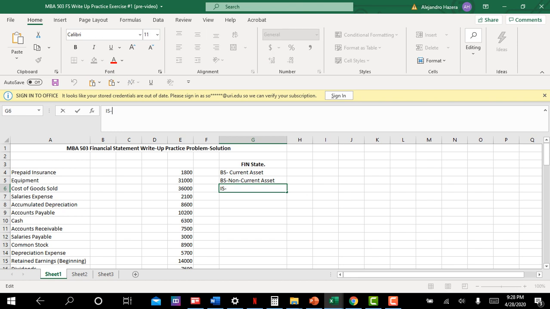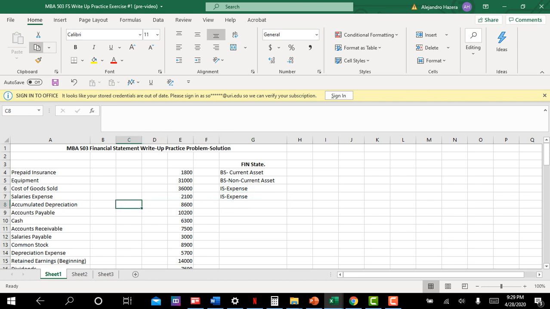That's an expense. I should report operating expense, but we'll label that when I make the statements. Salaries expense goes in the income statement, it's an expense.